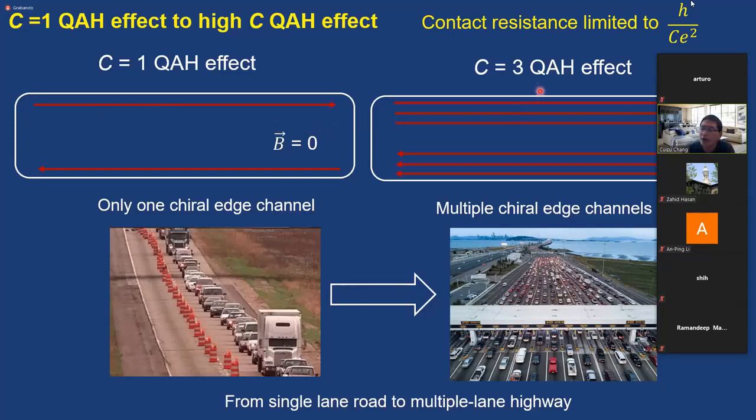However, in the high Chern number quantum anomalous Hall effect, there are a number of chiral edge channels. So if we put the normal contact on the high Chern number quantum anomalous Hall insulators, it will greatly reduce the resistance between the quantum anomalous Hall insulator and the contacts. This is one advantage of high Chern number quantum anomalous Hall insulators.